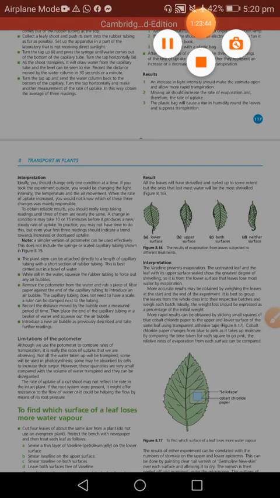So potassium ions are pulled by the glucose molecules, and chloride ions are pulled by the potassium ions. Then inside the guard cell we now have a lot of potassium ions. The potassium ions that were here have now traveled into the guard cell.